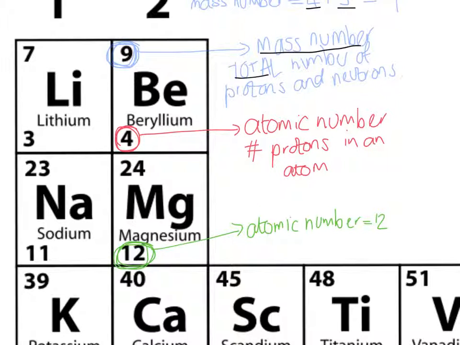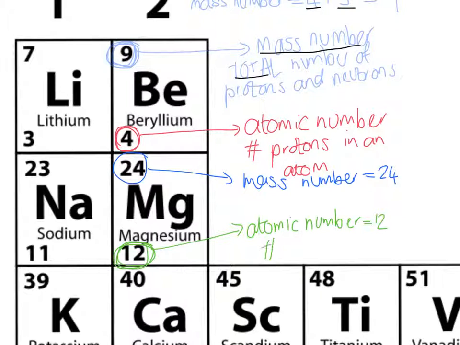What about its mass number? Its mass number is 24. So let's have a think about how many protons and how many neutrons we have here. Well, we said that our atomic number is equal to the number of protons.